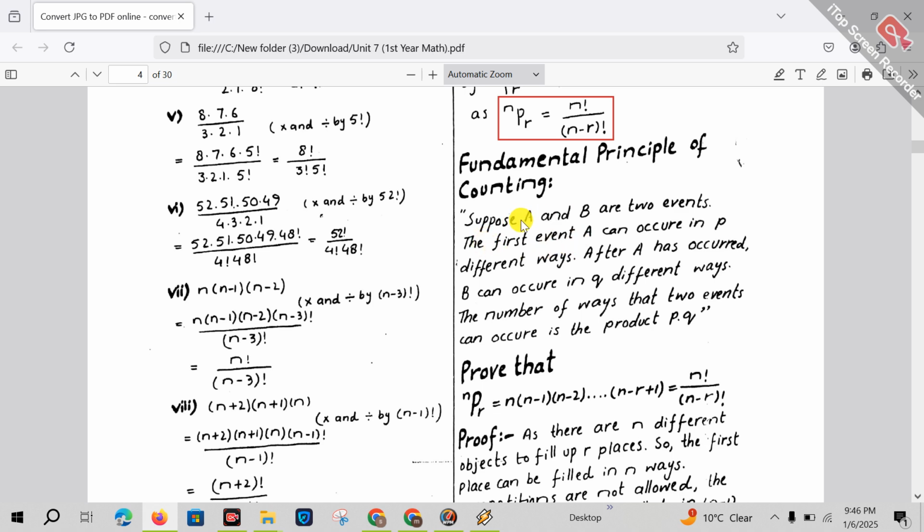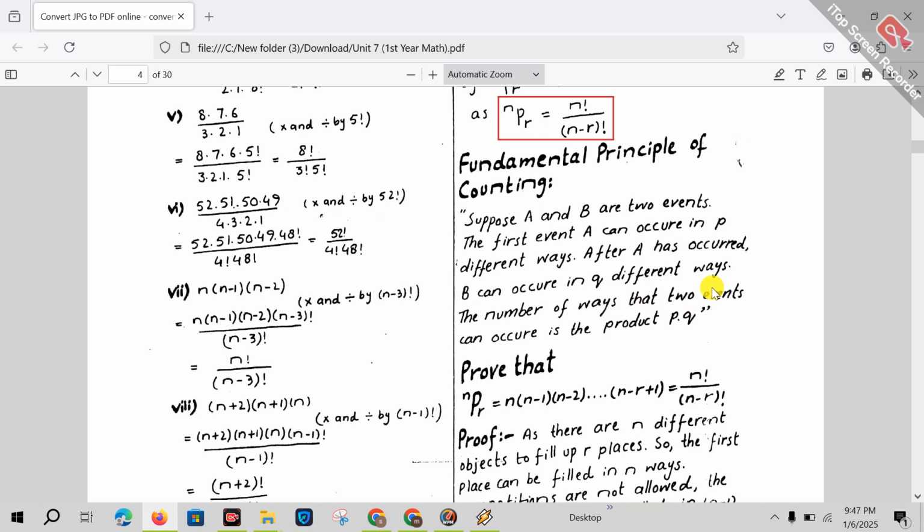Suppose we have two events, A and B, of a sample space. Then the first event A can occur in p different ways, and after A has occurred, B can occur in q different ways.